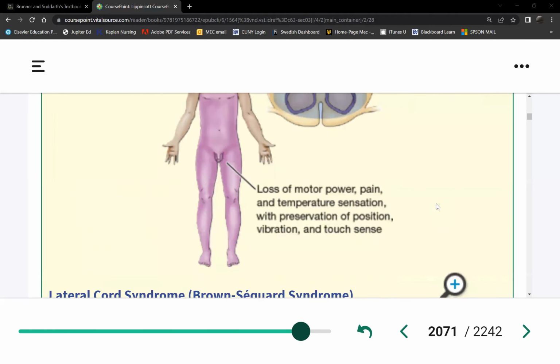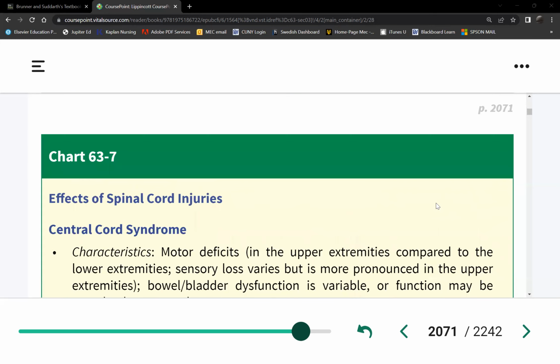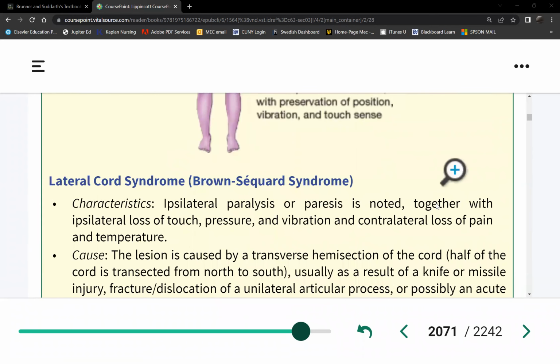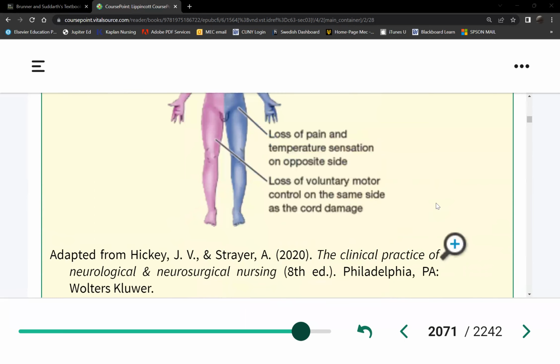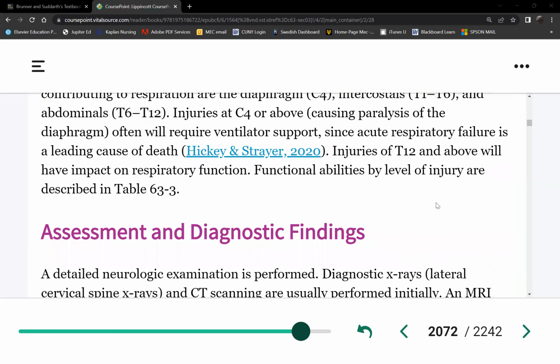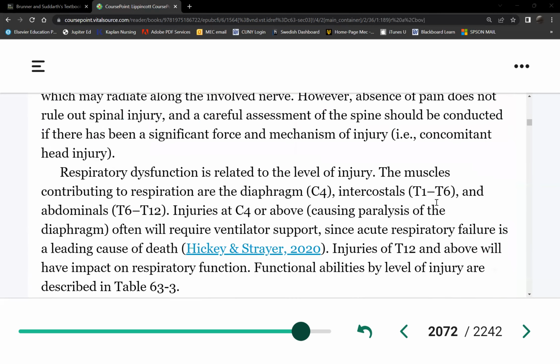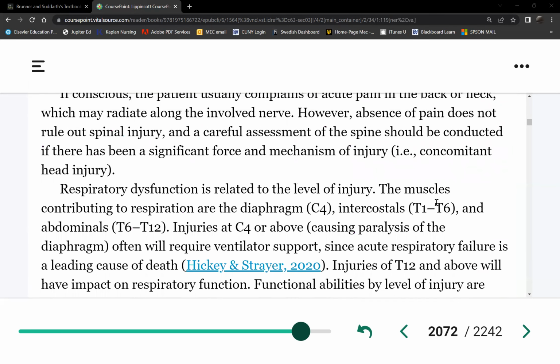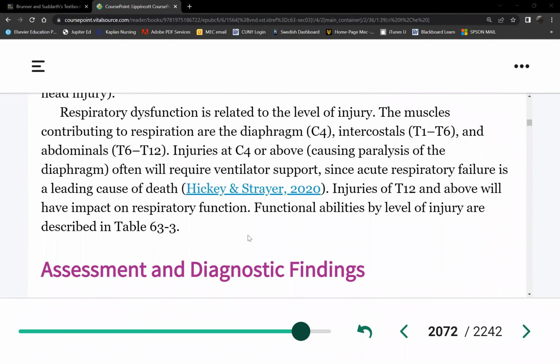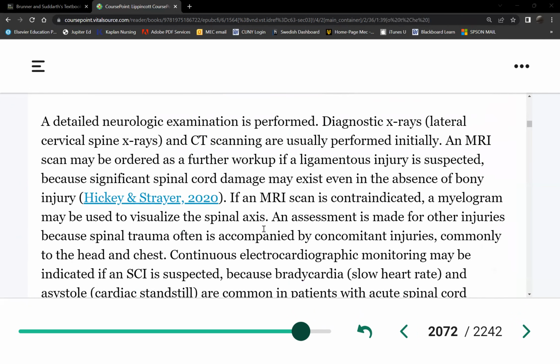We're not going into that detail, so we can skip chart 63-7. We do have a table which we will test. I'll skip these because they are going to be explained in the table anyway. This table right here, 63-3, we'll go to for the signs and symptoms.